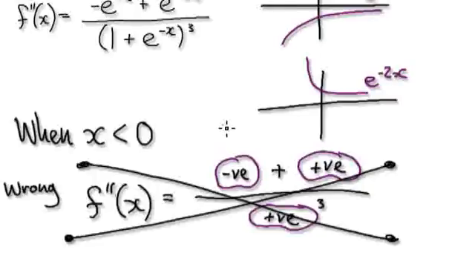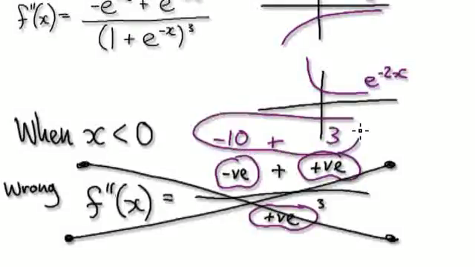The reason why it's wrong is because when you have a negative here plus a positive here, you cannot deduce anything. You cannot say that this thing here is negative, because, for example, you could have a negative 10 here plus a positive 3 here, and then the whole thing would be negative.